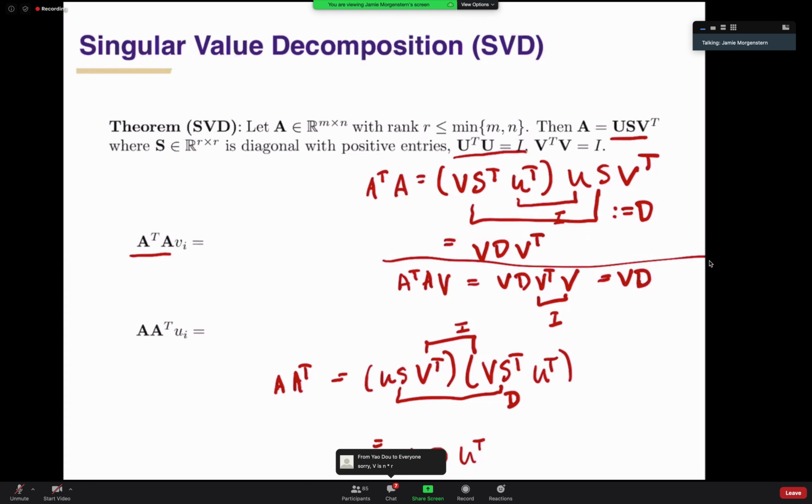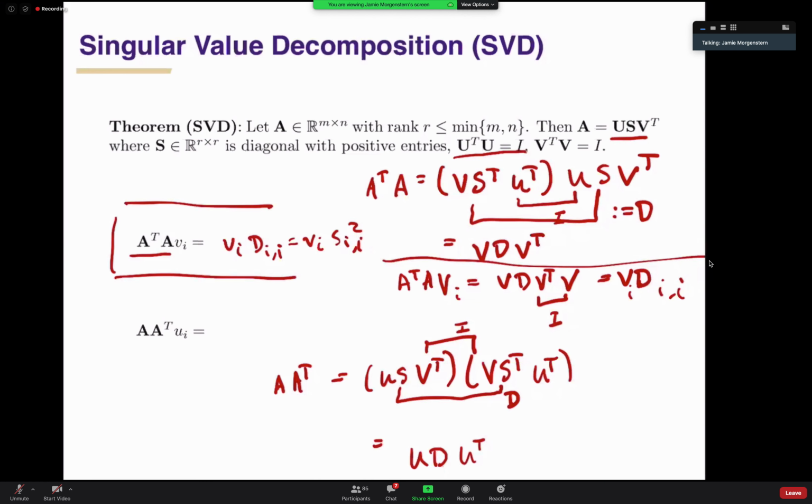Which means, if we were to add an i here, A transpose A v_i just gives us v_i D_ii, which is equal to v_i s_ii squared. Okay, so what does that mean? Can somebody remind me what this equality means about the vector v_i relative to A transpose A?